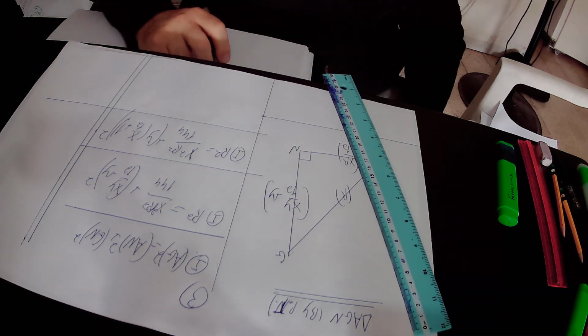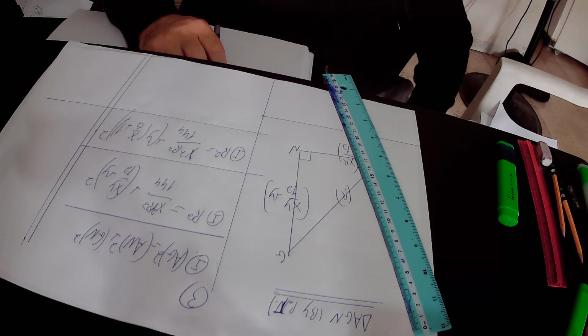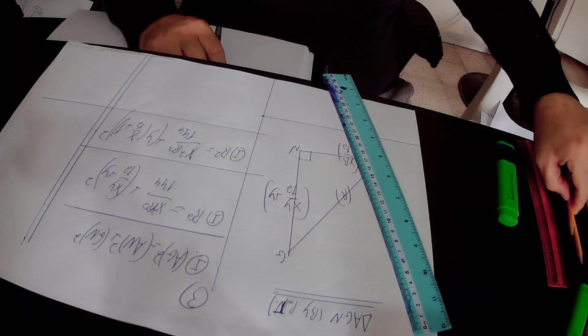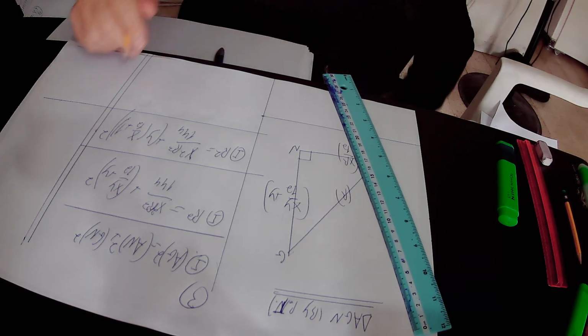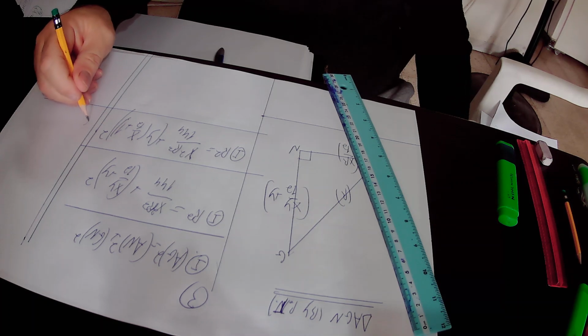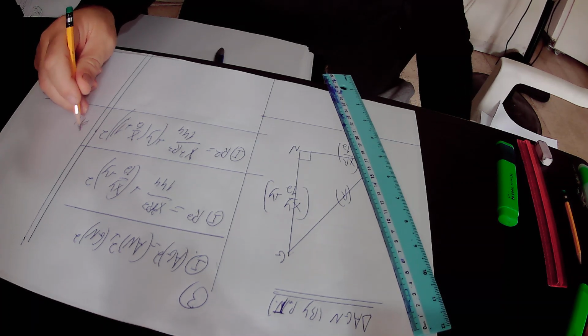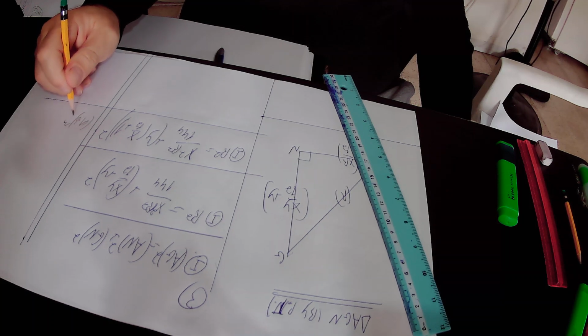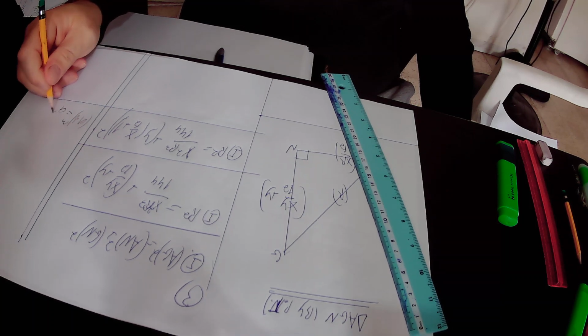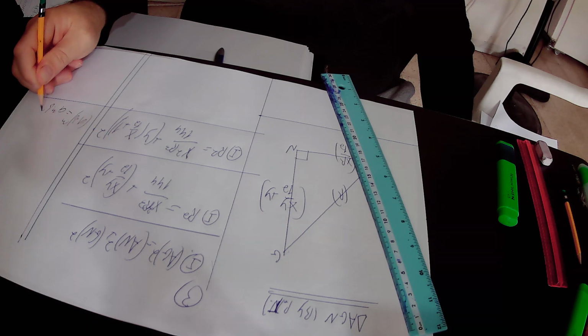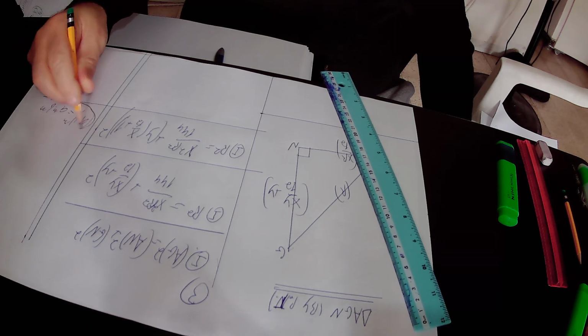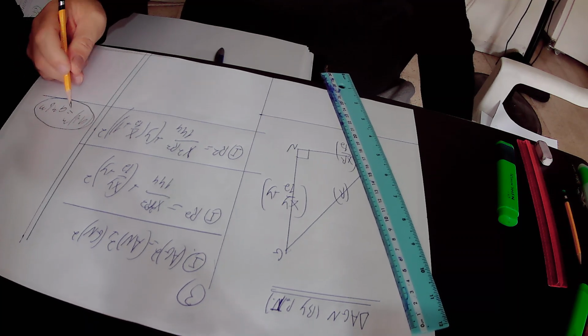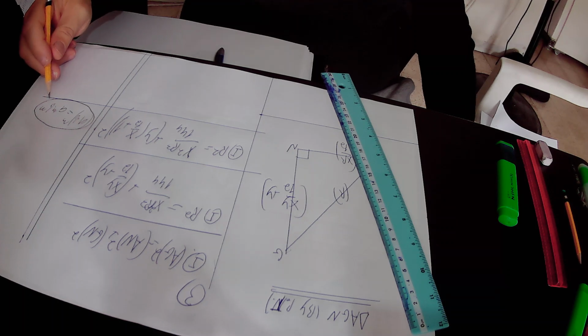So here we'll use the algebraic identity that states that a times b to the power of m equals a to the power of m times b to the power of m. Again, a times b to the power of m equals a to the power of m times b to the power of m.